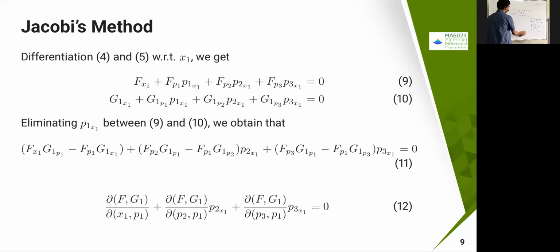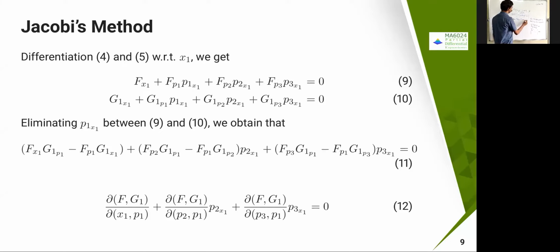First, let us differentiate with respect to x1. In that case, what am I going to get? I am going to get f of x1, differentiating with respect to x1, so f x1 plus, here the p variables are there, so f p1 into p1 x1, similarly p2 will be there, so f p2 into p2 x1, plus f p3 into p3 x1.